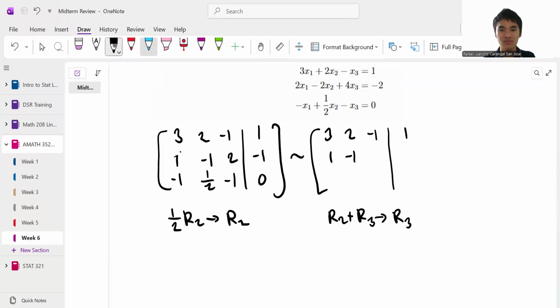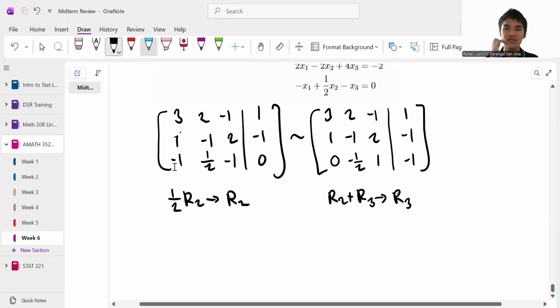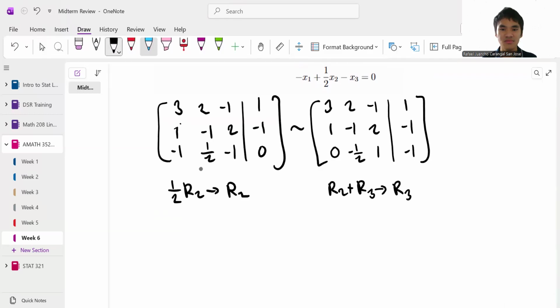Here we get 0, -1/2, 2 minus 1 is 1, -1. Okay, we just added these together, basically. Did I get this right? Hopefully I did. -1 plus 1/2, it's -1/2.